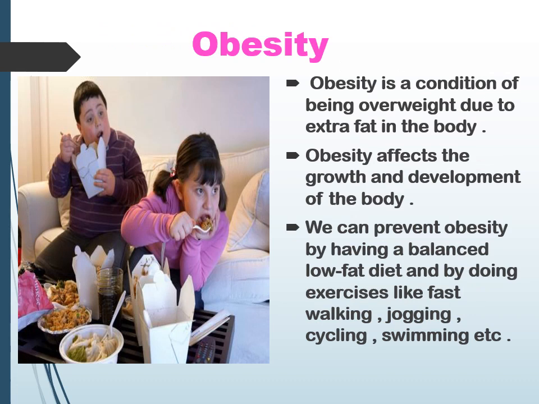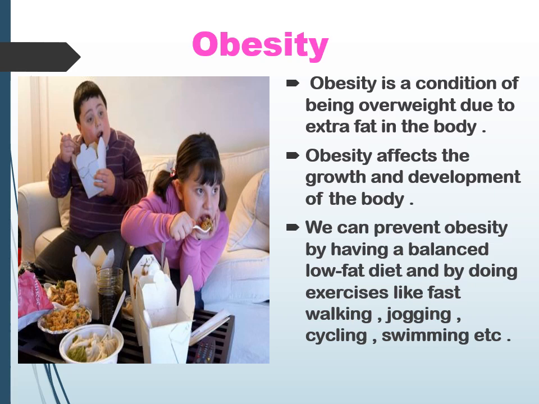Now, let us learn what is obesity and its harmful effects and how to prevent obesity. So we have learned that eating a lot of fatty and sugary foods leads to deposition of fats in our body, which causes overweight. That overweight is nothing but obesity. So what is obesity?